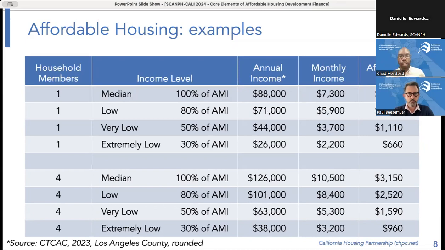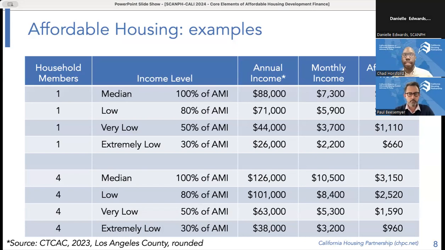Further, there's extremely low income, which means 30% of area median income. So having an annual income of $26,000 a year and an affordable rent to you being no more than $660 for the month, which you can imagine would be really hard to find in LA County.